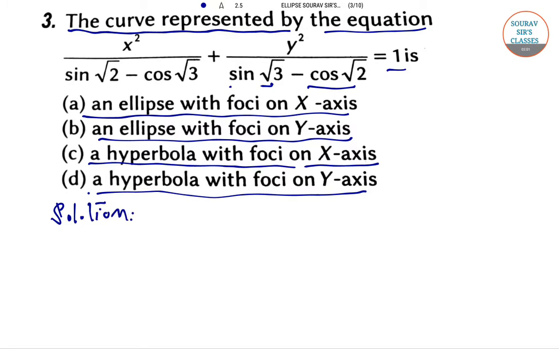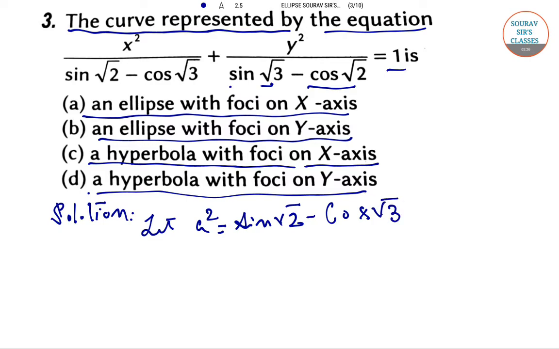An ellipse with foci on the x-axis or what? So the curve represented by, we have this. We can write a square is equal to sine root 2 minus cos root 3. This is the denominator for x square.